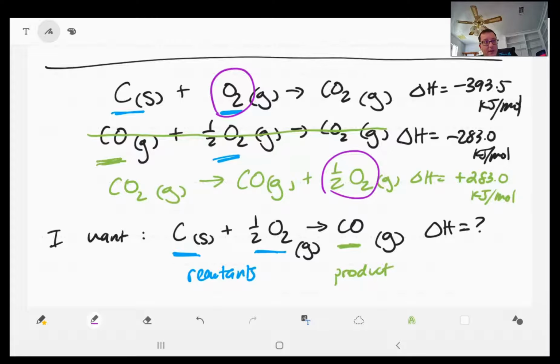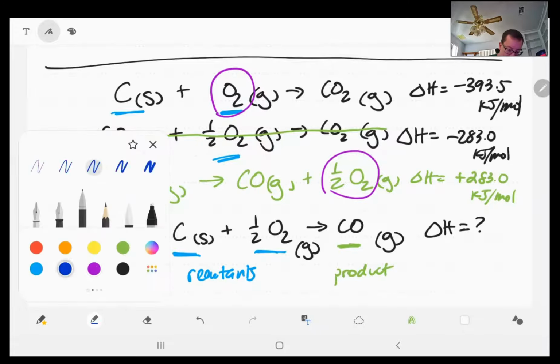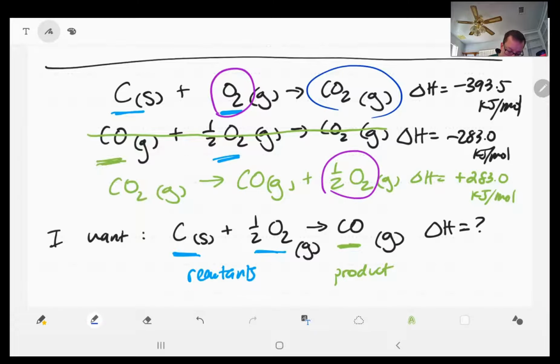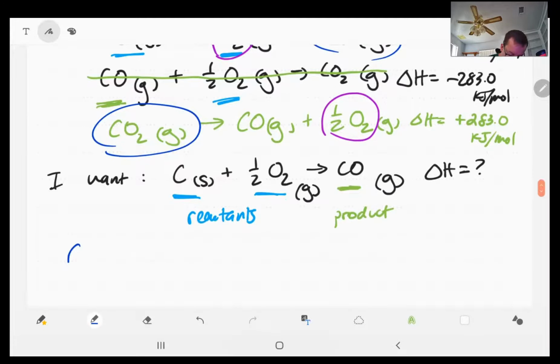If we think about this, we're going to end up with oxygen on the reactant side and 1/2 oxygen on the product side. So overall, that's 1/2 an oxygen on the reactant side. If we subtract 1/2 oxygen from both sides, we do end up with 1/2 of an oxygen on the reactant side. And we notice we have carbon dioxide also on both sides. Those two will cancel out. So if we write the whole thing out, I'm going to do that for this problem.